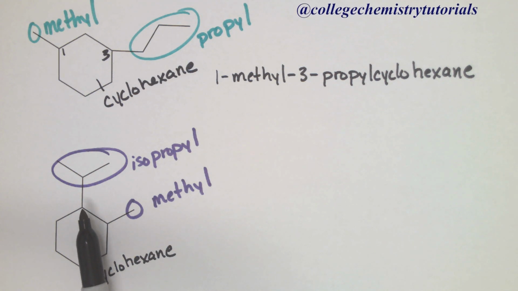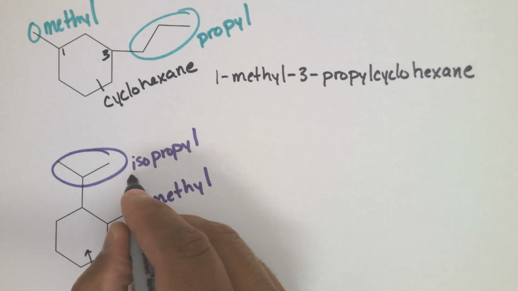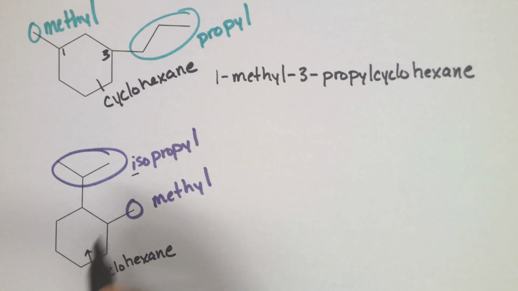So there's a tie, carbon 1 and carbon 2. So when we have a tie like this, we'll use alphabetical order. In this case, iso is part of the name, and so we'll use the I as our tiebreaker in the alphabetical order rule. So I'll count this carbon number 1 and this carbon number 2.